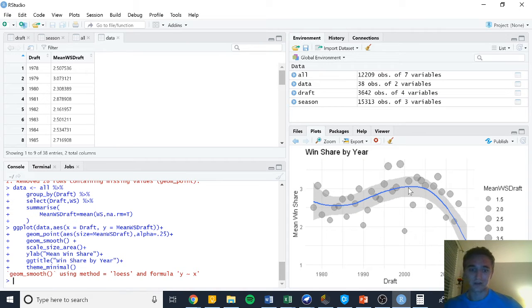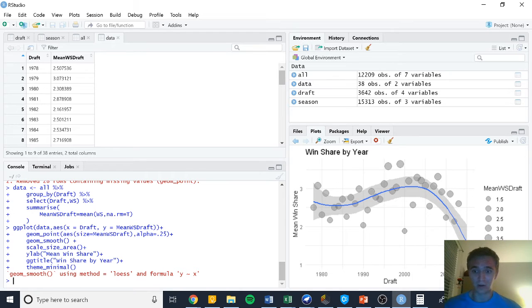More analytics are coming in, there's more data available, and college players are more closely evaluated. Overall, teams are able to use their draft picks a lot better and make better draft choices in terms of the success of the players they're taking. So I think that lines up a lot with what I would expect.